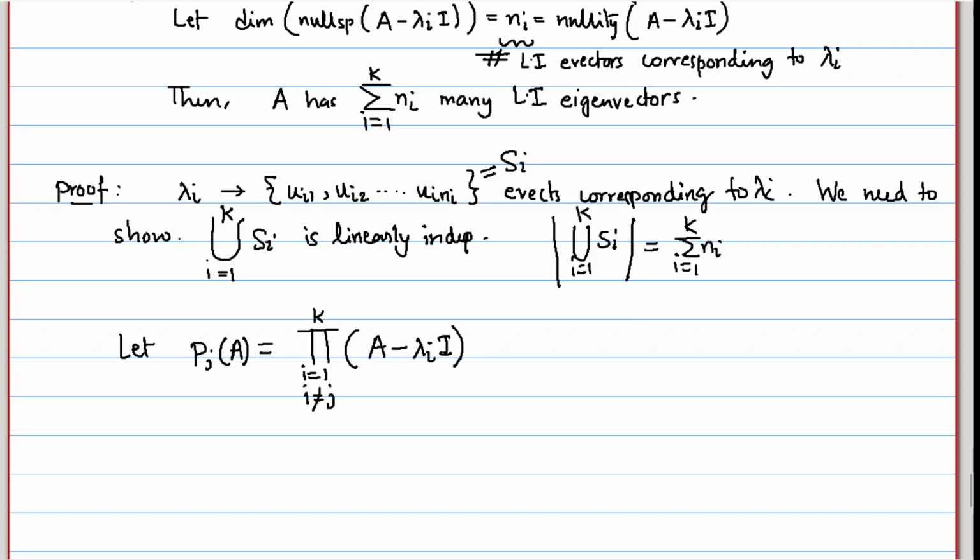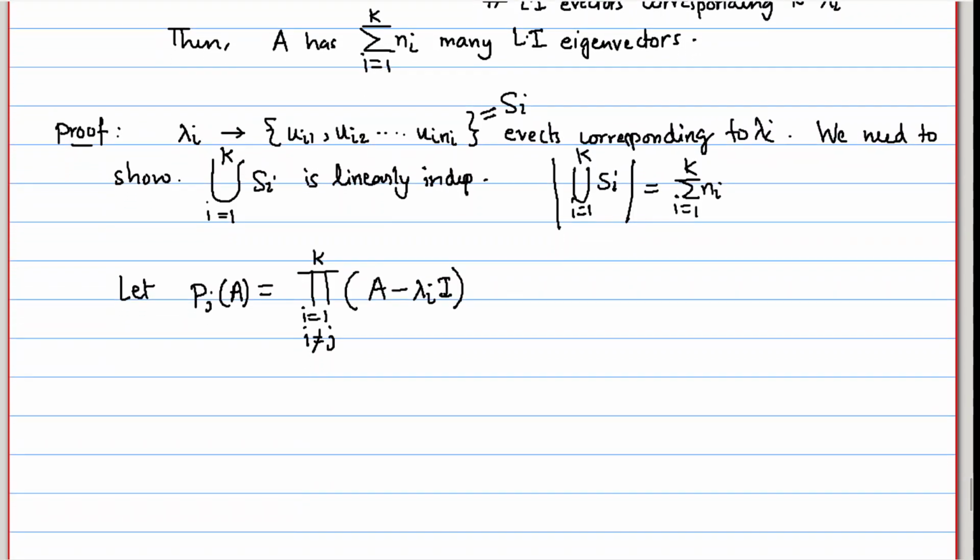Then P_j(A) will also be a matrix in M_n(C). Now suppose you multiply P_j(A) with some vector u.